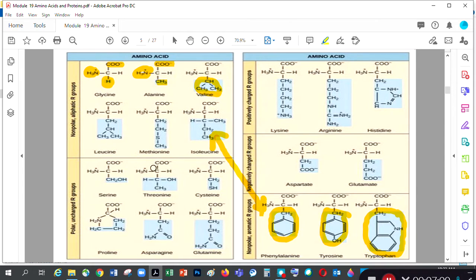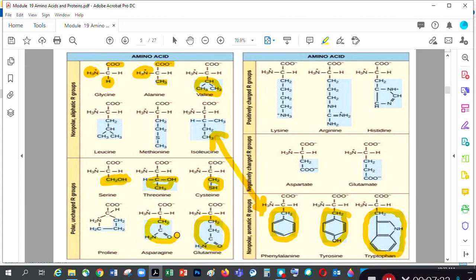Now we can look at the polar side of this group. We have polar groups here, but they are not charged. We have an alcohol here, that's polar. And we have a thiol, that's polar. And we have an amide here, that's polar.